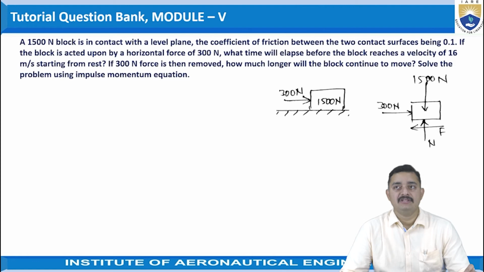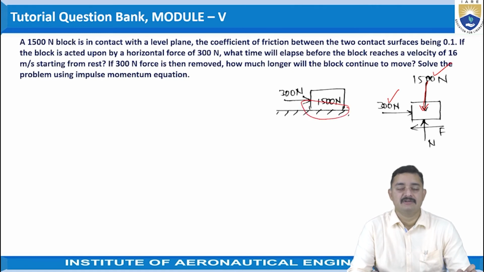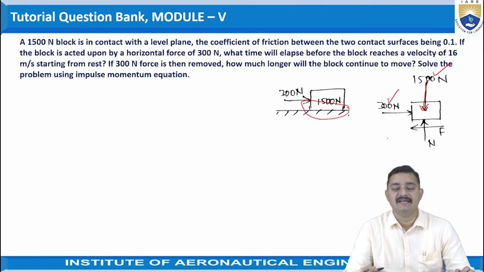If we draw the free body diagram of this particular case, what is happening? In the first case, there is a 300 Newton force being applied onto the 1500 Newton block. Weight will always be shown in the vertically downward direction, and then the reaction, or we can say the support.